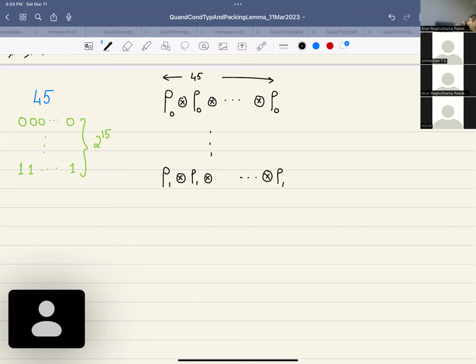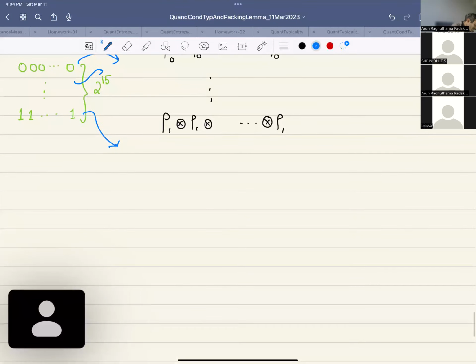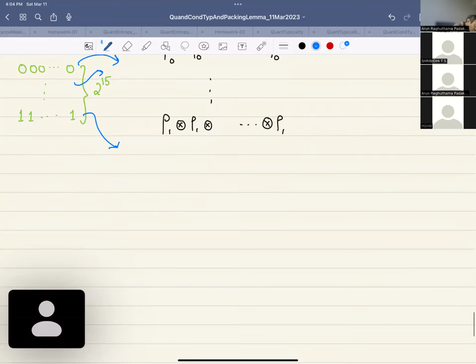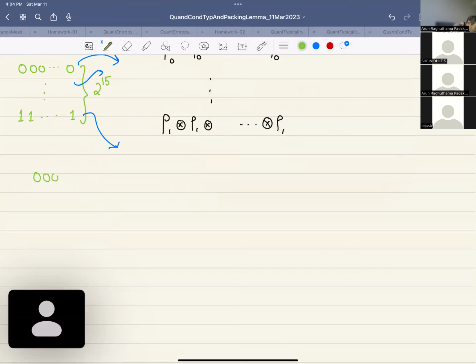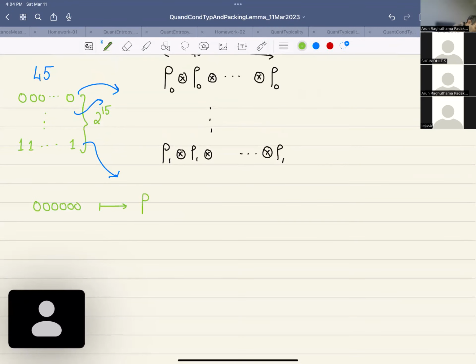possibilities, and what she should do is choose one possibility for this, one possibility for this, one possibility for this, and so on, and that thing has to be communicated. So let's say for the bit pattern 0 0 0 0 0, she will choose the state, I'll call it rho x1 of 0 tensor rho x2 of 0, up to rho x45 of 0.